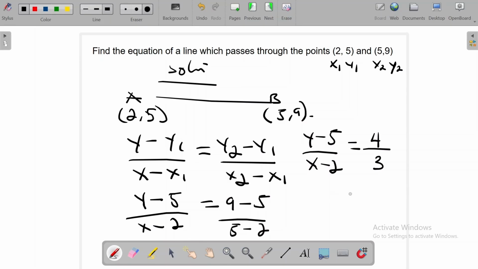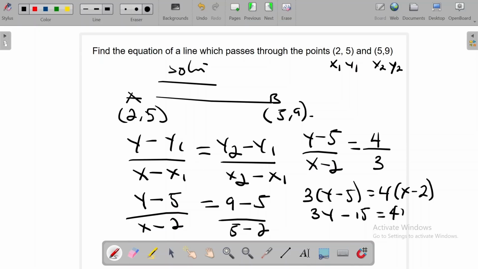So if I'm to cross multiply, it becomes 3 into (y minus 5) equals 4 into (x minus 2). This becomes 3y minus 15 is equal to 4x minus 8.